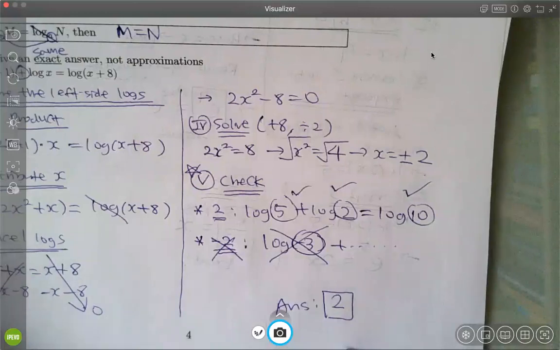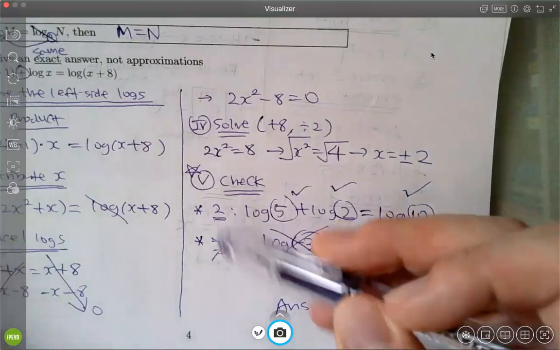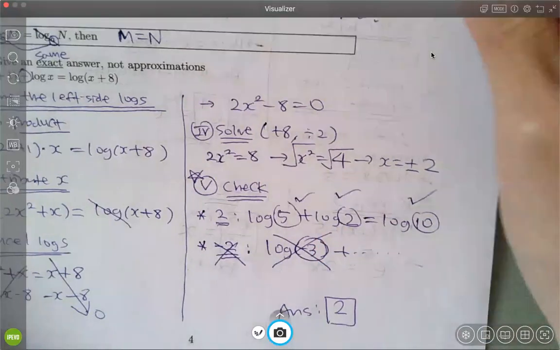It might be the opposite, both numbers might work, and none of them might work. If you get two positive numbers or two negative numbers, you don't know which one works and which one doesn't, so you have to explicitly double check.